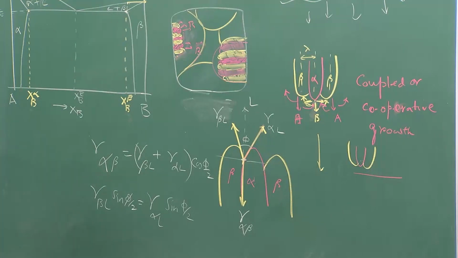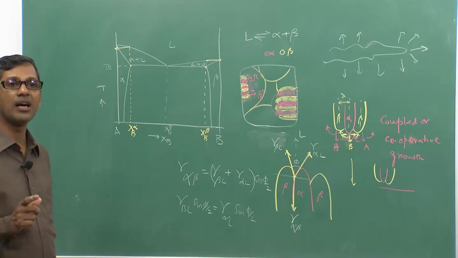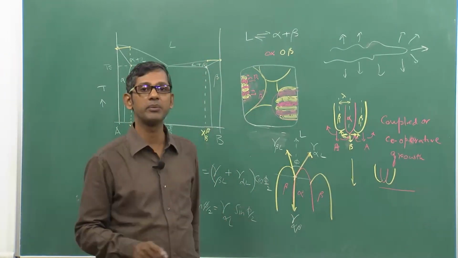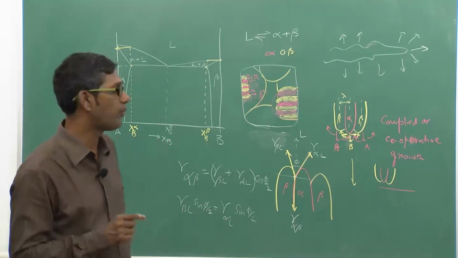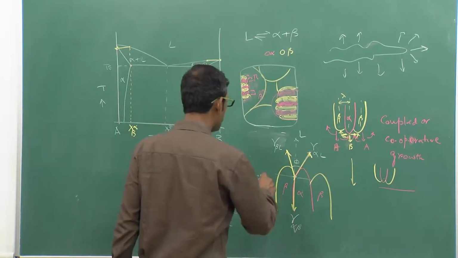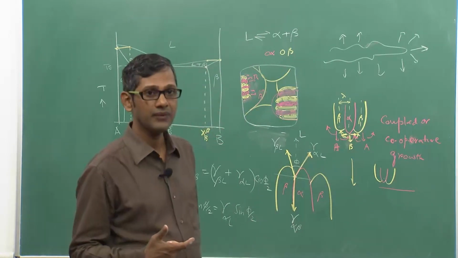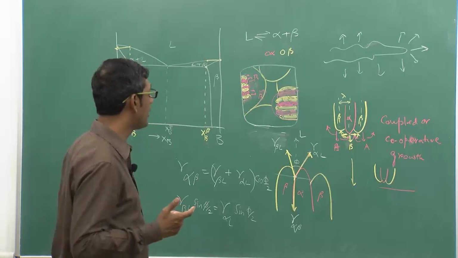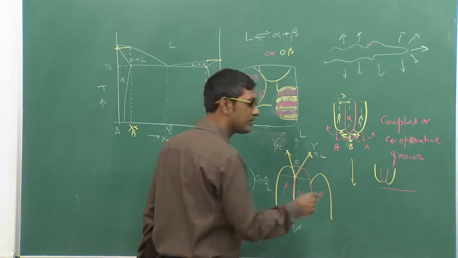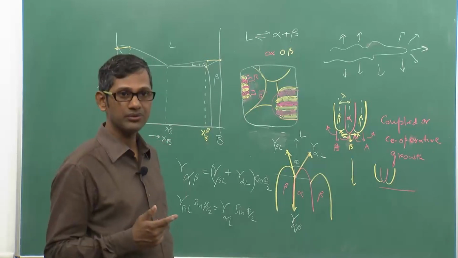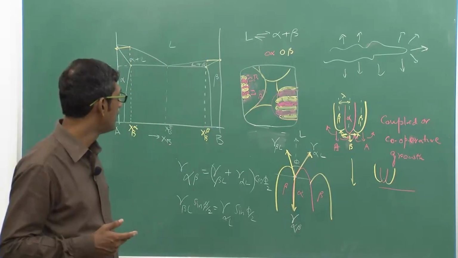So finally, the balance of these interfacial energies as well as the curvature undercooling determines the actual shape of the interface. That is very important, because the shape of the interface tells you the interfacial area. And remember, the interfacial area multiplied by the interfacial energy is what governs the driving force for solidification.